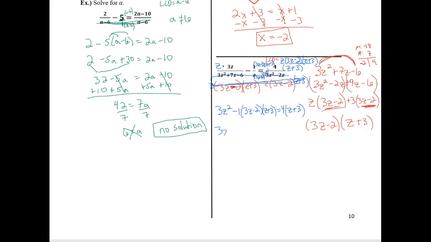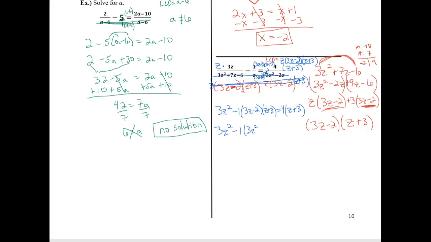I'm going to bring down the 3z minus 2 and the negative 1, and I already know 3z minus 2 times z plus 3. I don't need to FOIL or do anything with that. I already know what this is when I multiply because I factored it. So what is it when I multiply back? It's 3z squared plus 7z minus 6. So I'll just fill that in.